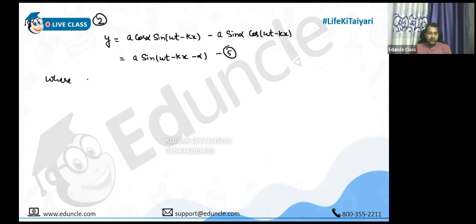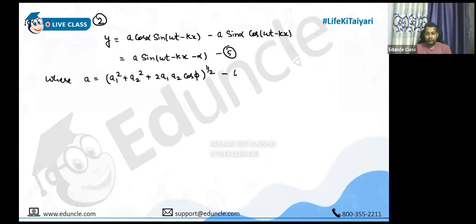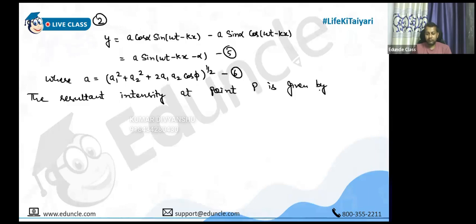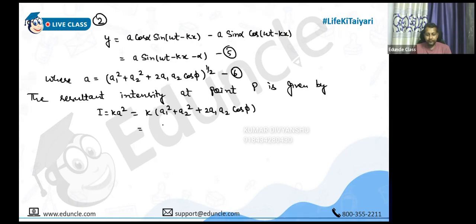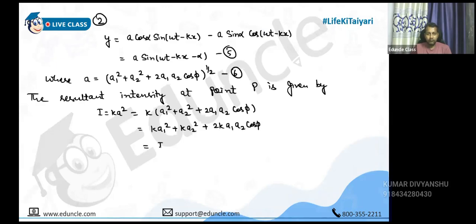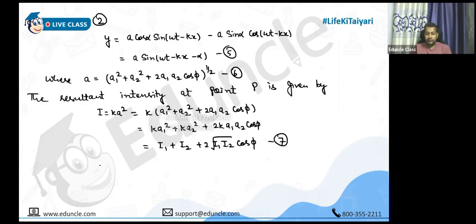Where A is equal to, it was square, no? So this is the main formula for the resultant intensity at a point that we use, and I1 and I2 are the intensities due to the individual sources that we are superimposing.